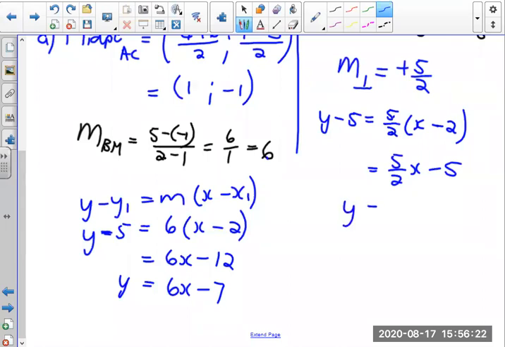And if I take this minus 5 to the other side, it gives me minus 5 plus 5, and it falls away. And my equation is 5 over 2x. So there's the equation of the altitude.